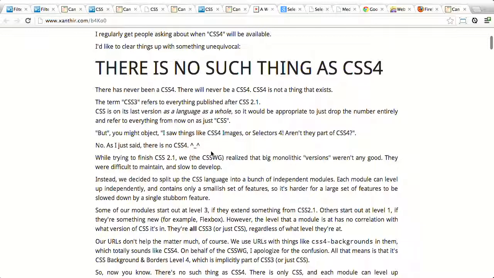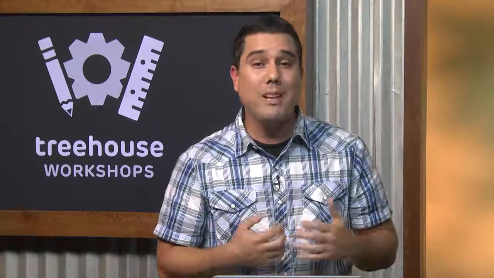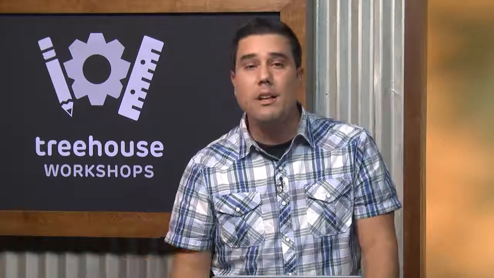And to summarize his article, Tab mentions that the CSS working group realized that these big monolithic versions of CSS weren't any good because they were too difficult to maintain and develop. So instead, they decided to split up CSS into individual modules that can level up independently. That way, some features won't slow down other features from being implemented when they're ready for recommendation.